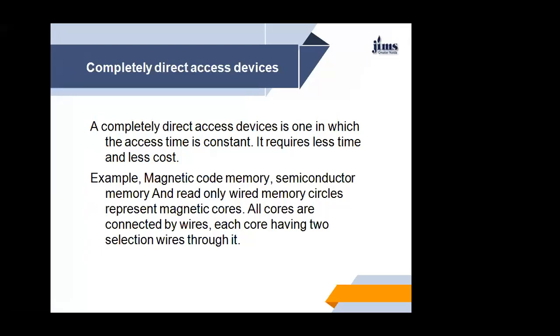Many computers avoid burdening the main CPU with PIO, programmed input output, by offloading some of this work to a special purpose processor called a direct memory access controller. To initiate the DMA transfer, the host writes a DMA command block into memory. This block contains a pointer to the source of the transfer, a pointer to the destination of the transfer, and a count of the number of bytes to be transferred. So this is direct memory access.